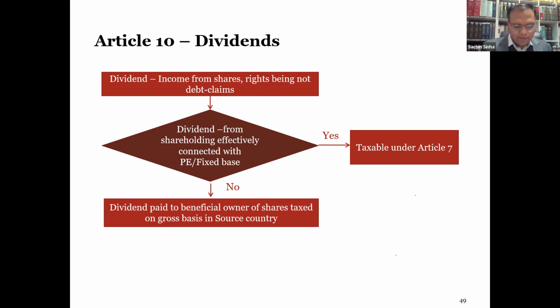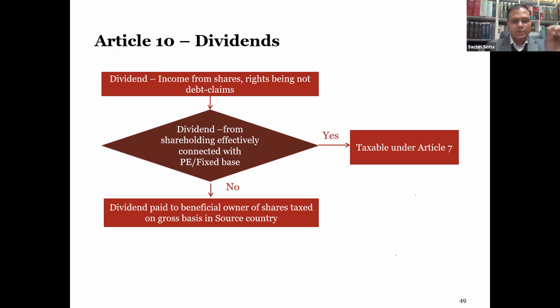But the treaty says dividend paid by a company which is resident of a contracting state, here a resident of India, to a resident of another contracting state will be taxed in the other contracting state. Generally, dividend, interest and royalty are passive income, and no great effort is needed to earn them.